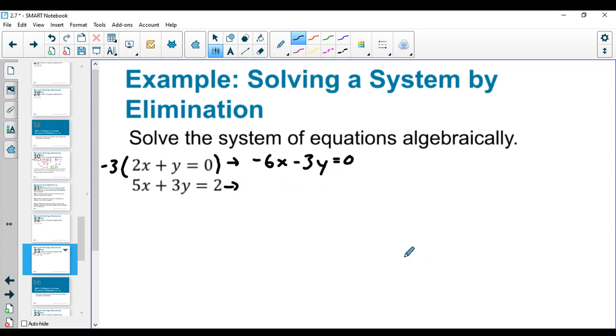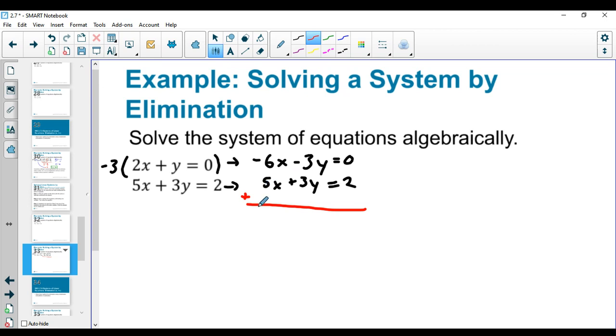And we can rewrite this one as 5x plus 3y equals 2. And so my whole point in doing that was I just think it's easier to add. If multiplying by negative seems more complicated to you than multiplying by positive and subtracting, then by all means do that.